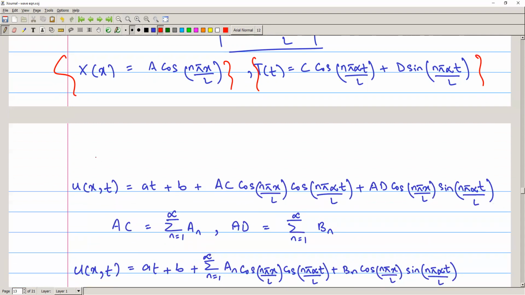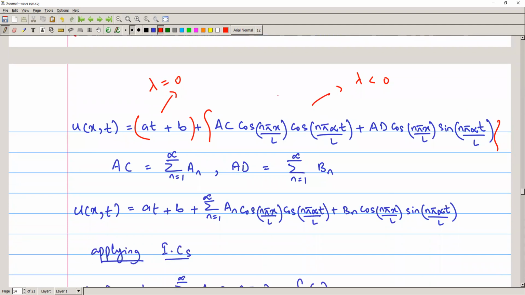So here we can see that u of x,t equals at plus b, because we are using the superposition principle. This part is from case 1, that is for lambda equals 0, and this whole part is from lambda less than 0, right? So we are going to use the superposition principle for this.